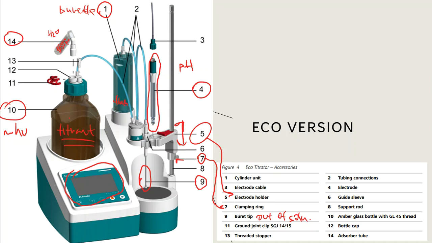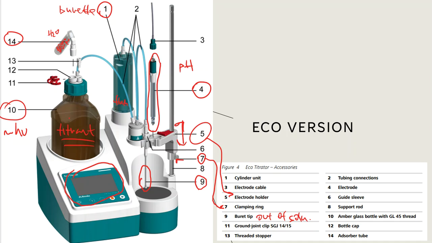So that way when you lower that pH probe down into your beaker, you can ensure that that probe is not going to crash up against the bottom of the beaker and crack or destroy it. And it makes us feel a little bit better when you use it. So that's the purpose of number 7, the clamping ring. And number 5, because we do have to lower that probe into a beaker with sample before we begin to titrate. So number 7 prevents you accidentally damaging the probe.